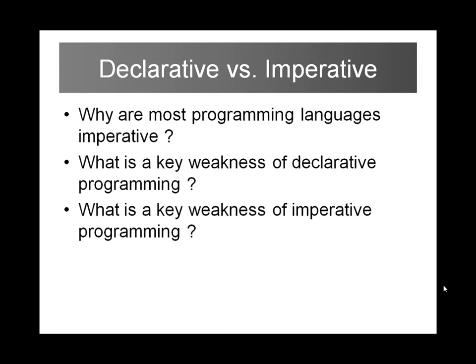Which brings us to the weakness of the imperative paradigm. Here you will notice the weakness is quite the opposite of the declarative paradigm in the sense that you are always forced to specify every single step to be used. You don't have a choice.